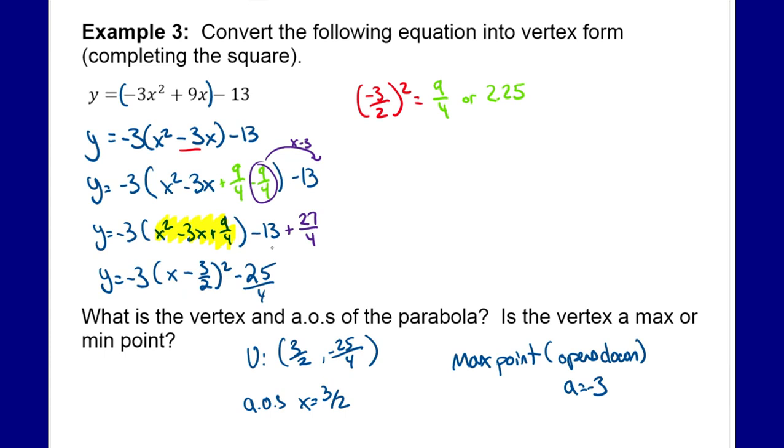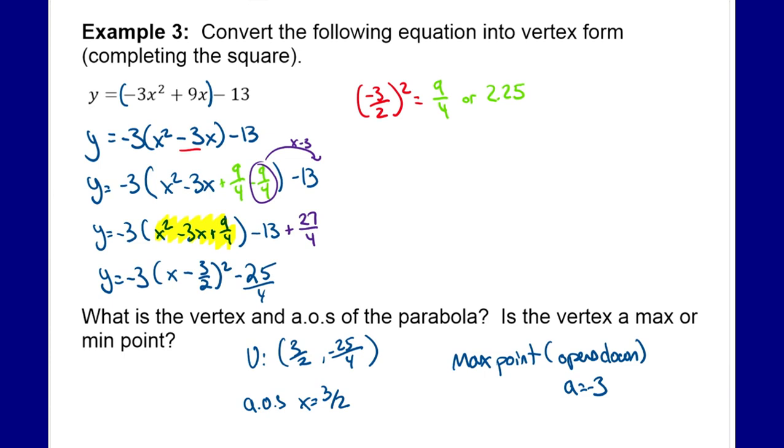So you get -13 plus 27/4, or -13 plus 6.75. When you factor the brackets, you should get a perfect square trinomial of x minus 3/2 squared. And when you collect your like terms on the outside, you should get -25/4 or -6.25.